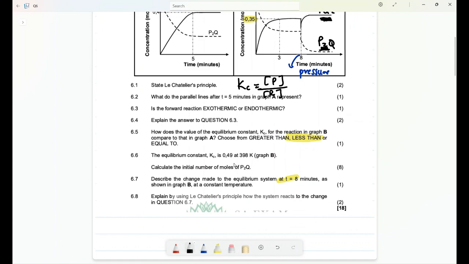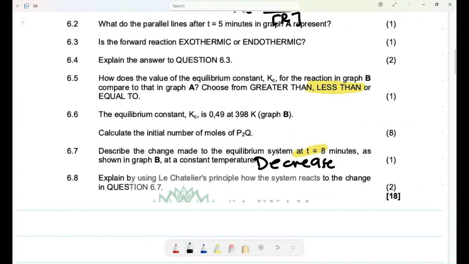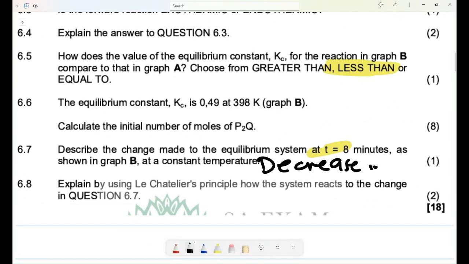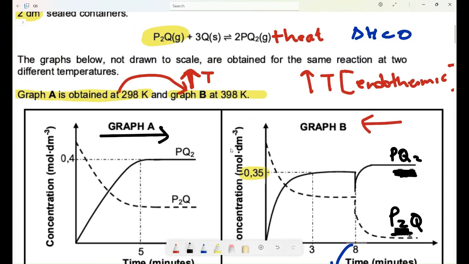So you're going to say a decrease in pressure. Sorry, not temperature. Now what happens with a decrease in pressure?